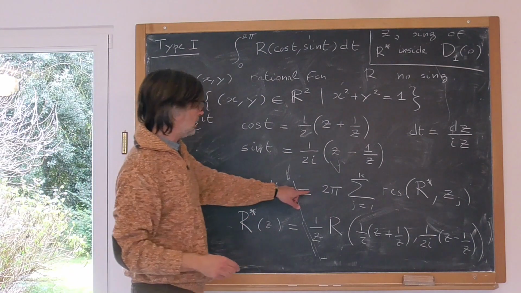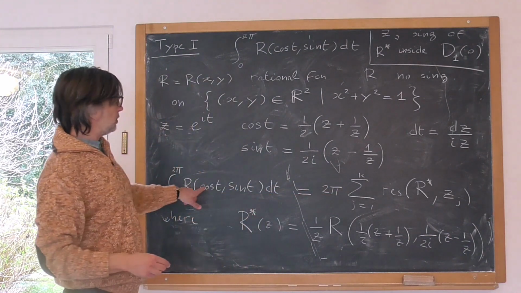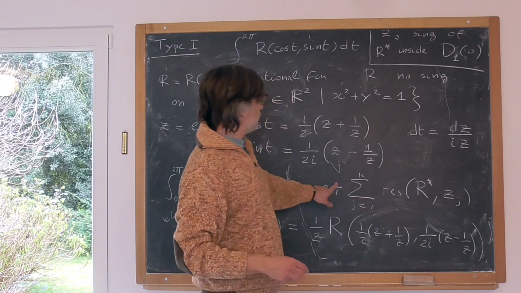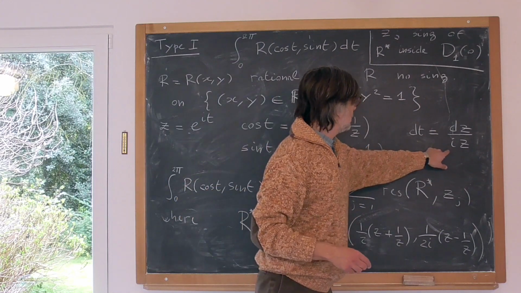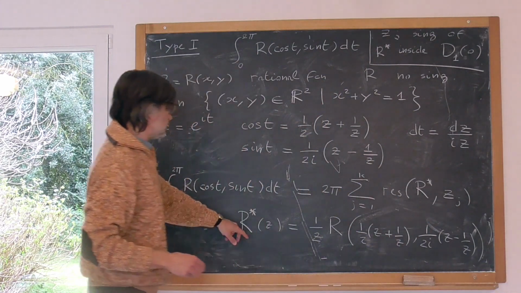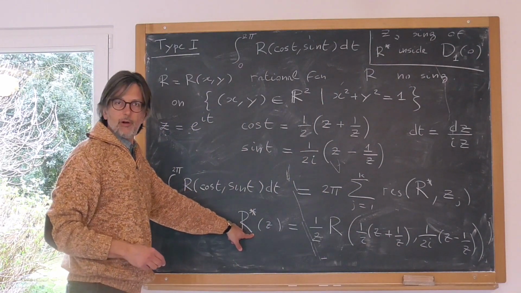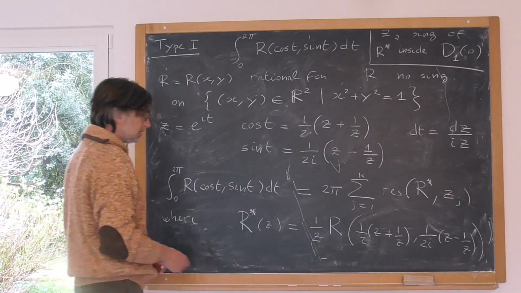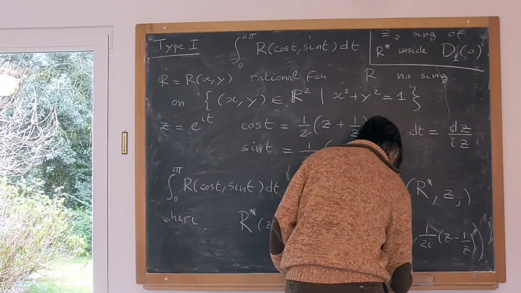They are all poles because R star is a rational function. And notice that in the residue theorem we have 2 pi i times the residue, but we have simplified this i because we had an i here, which we didn't put in the definition of the function R star. Okay, so we get this nice formula.